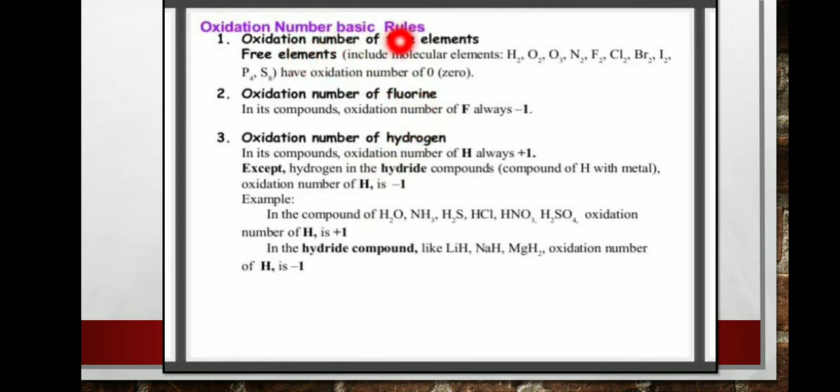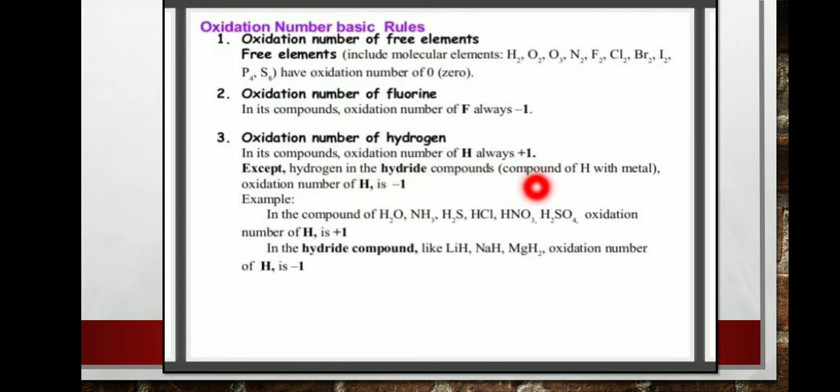Oxidation number basic rules. First point, free elements including H2, O2, O3, N2, F2 have oxidation number of 0. Second, the oxidation number of fluorine and halogens is -1. Next, the oxidation number of hydrogen is always +1, but in hydride compounds, the oxidation number of hydrogen is -1.